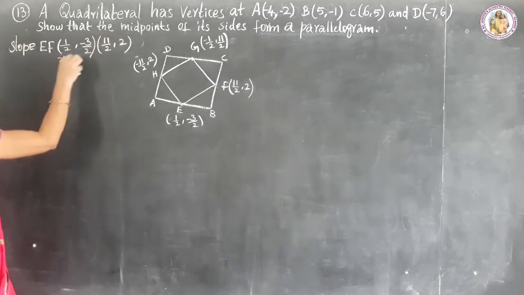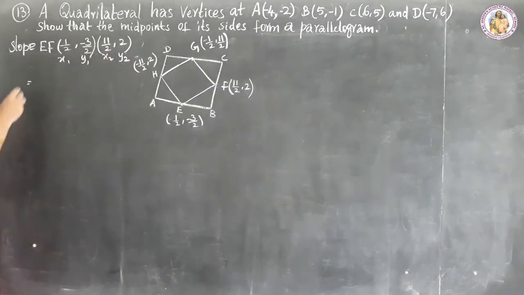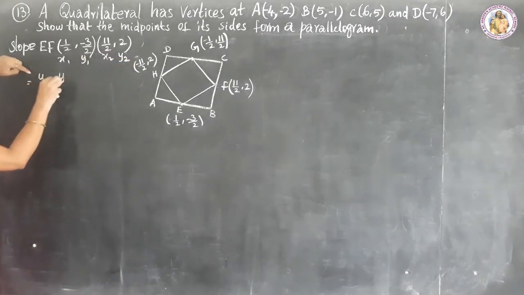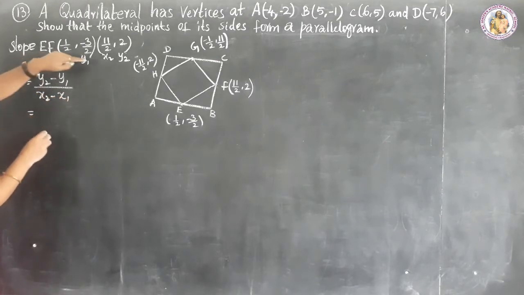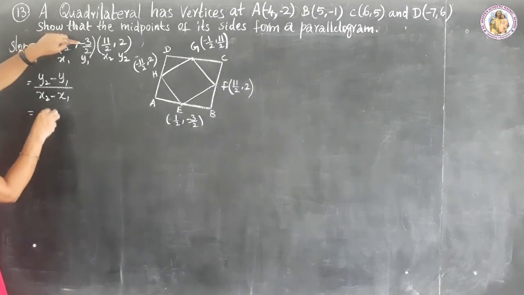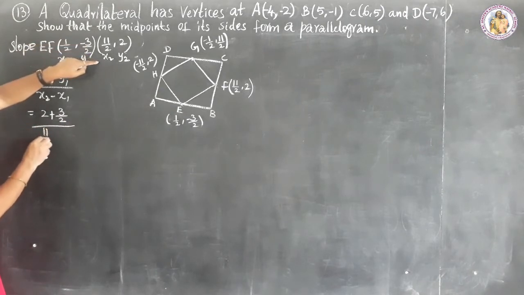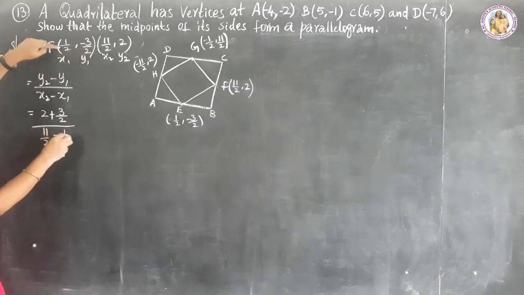Okay, taking this as x1, y1, x2, y2. Now y2 minus y1 divided by x2 minus x1. So y2 is 2, minus y1 which is minus 3 by 2. Minus 3 by 2, when it comes in, it becomes plus 3 by 2, divided by x2 minus x1, that is 11 by 2 minus 1 by 2.